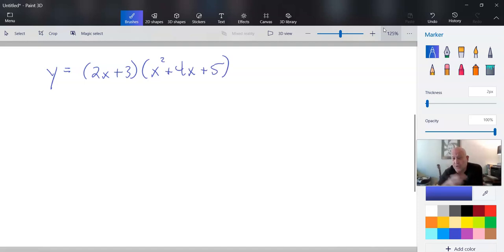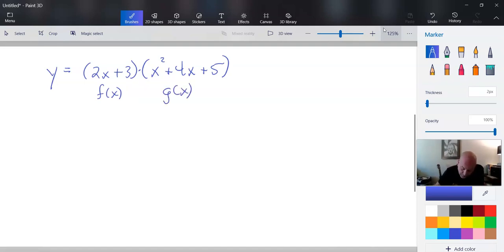Okay, so you have two choices here, right? You could multiply the whole thing out and just treat it like a polynomial. There's no problem there. But the other thing we could do, and I'm going to do it this way so I can demonstrate the property, is use the product rule, because this is multiplication, and these are two functions. I'm going to call this f of x, and this is g of x.